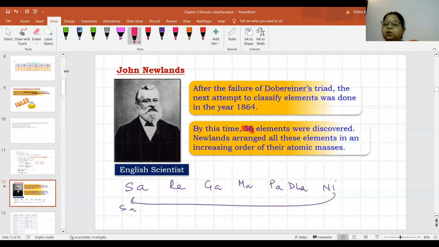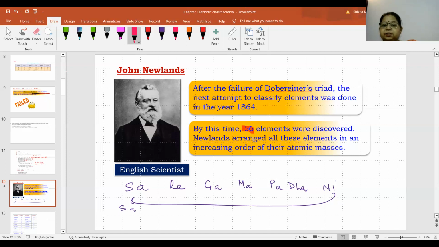So what he did was that he arranged the elements in increasing atomic mass, and then he noticed that every 8th element is similar to the first element in property. Therefore, sometimes it is referred to as Newlands' law of octaves also.